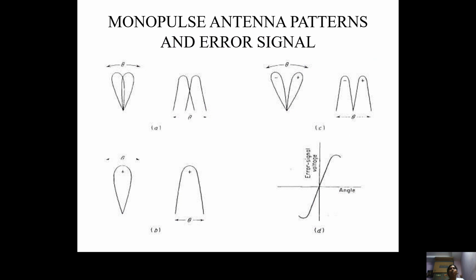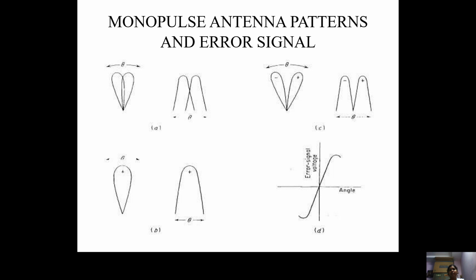And coming to the outputs generated in a single coordinate, here we have the left-hand diagrams, which are the antenna beams extracted in a single coordinate. The first figure A represents the two antenna beams generated from two feed horn antennas.